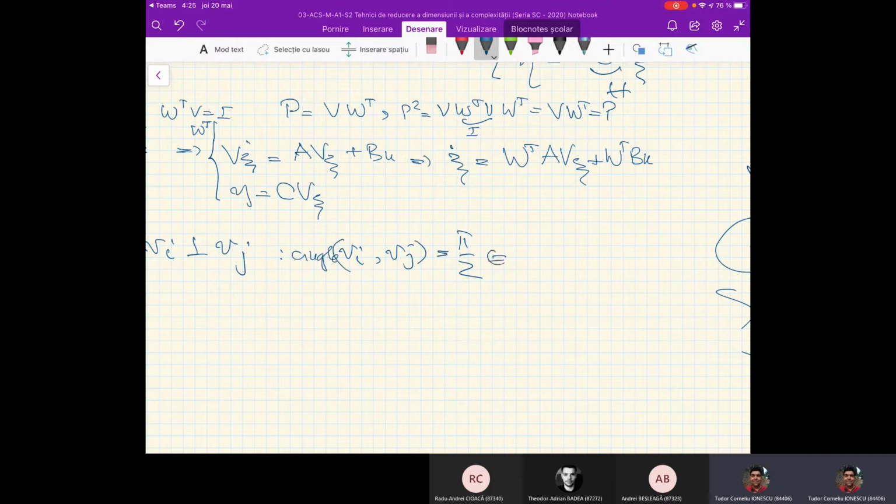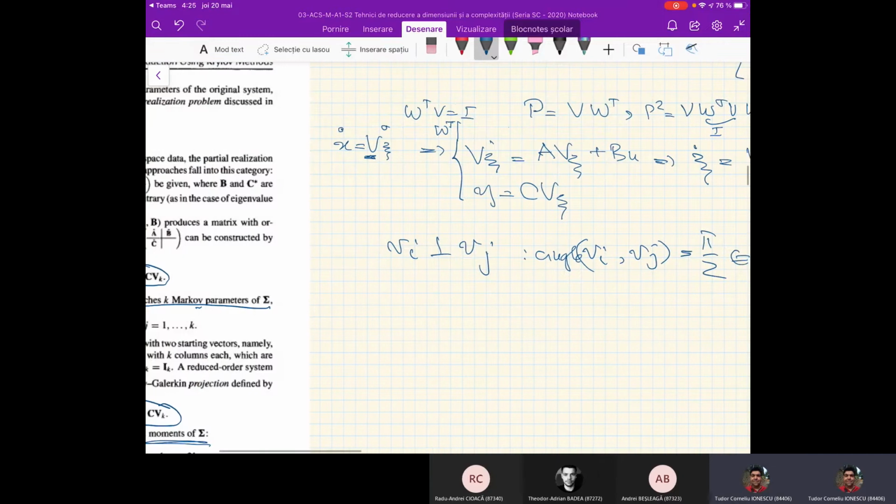Okay, so this is equivalent to the fact that the scalar product between Vi and Vj is 0. On the other hand, this is constant.